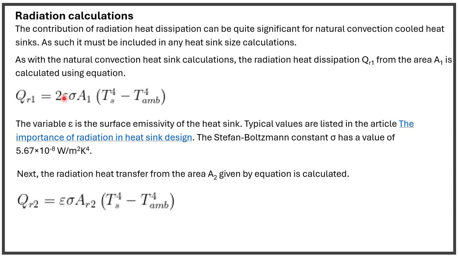This value we can get from this another article, and then we have area and temperature. So we get QR1. The next radiation heat transfer from area A2 is calculated with this equation. Similarly, QR2 with the area 2.